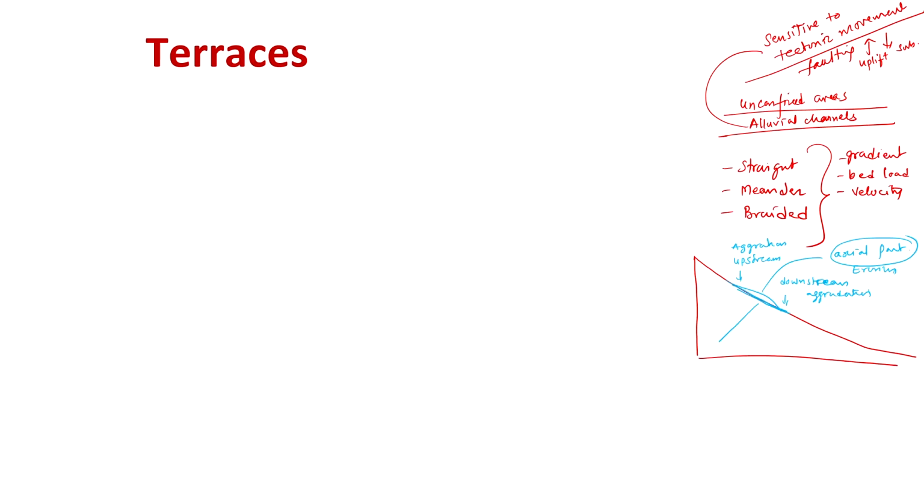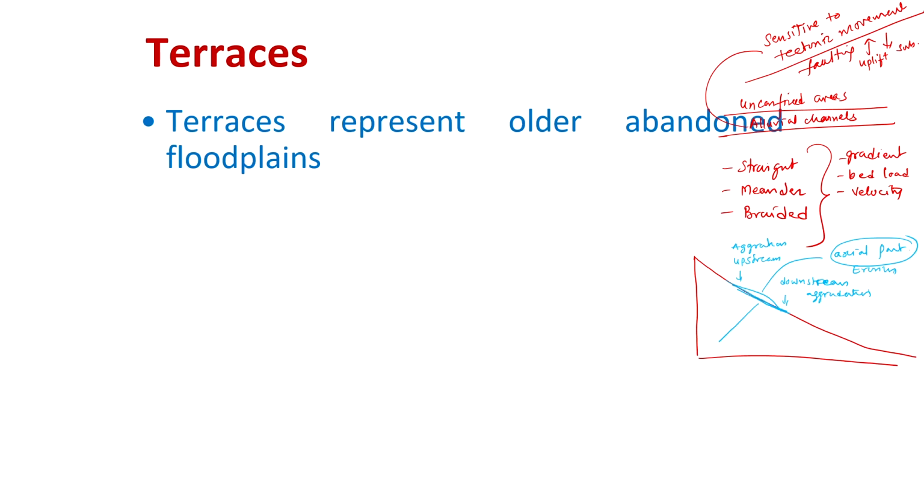So coming back to the terraces part, which, as I told, is important for our studies, active tectonics and paleoseismology. Terraces basically represent the older abandoned floodplains. That means this area was once occupied by the channels or by deposition.